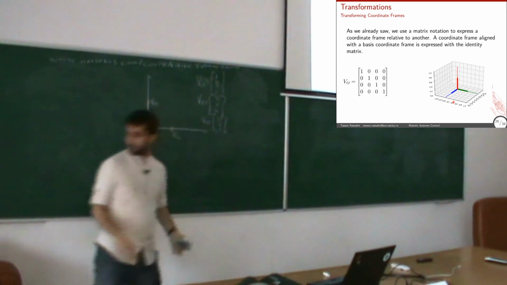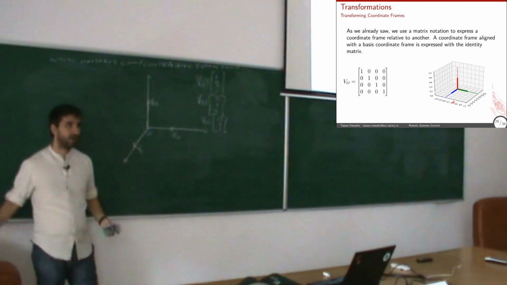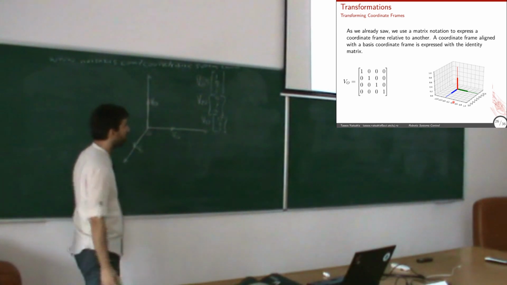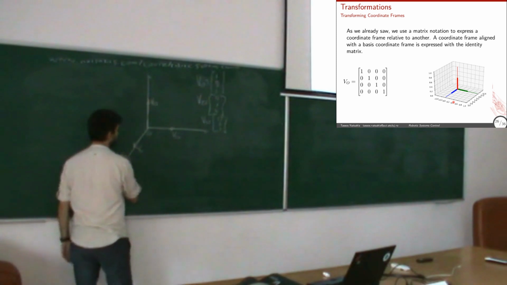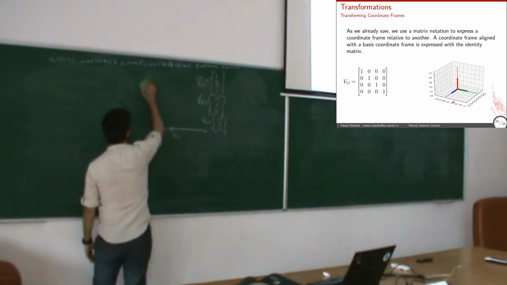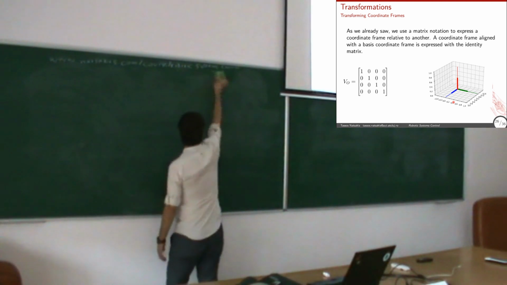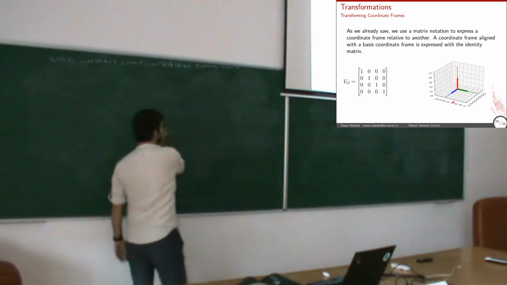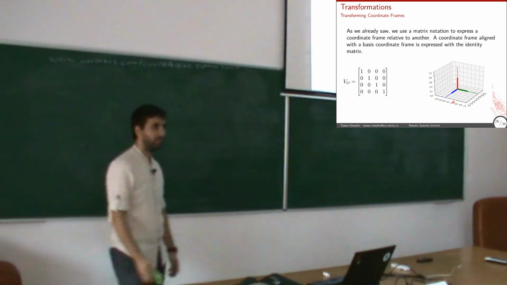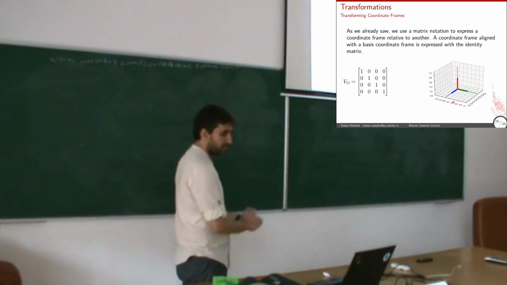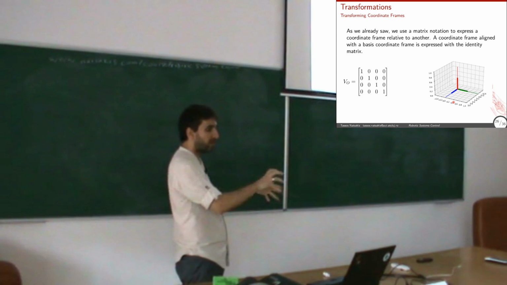Now, can I move it around? And how do I move it around? How do you think I can move this coordinate frame around? Let's say I want to rotate it. What should I do to it? How should I rotate? What do you think? Say for some reason I want to rotate it around the axis of x.